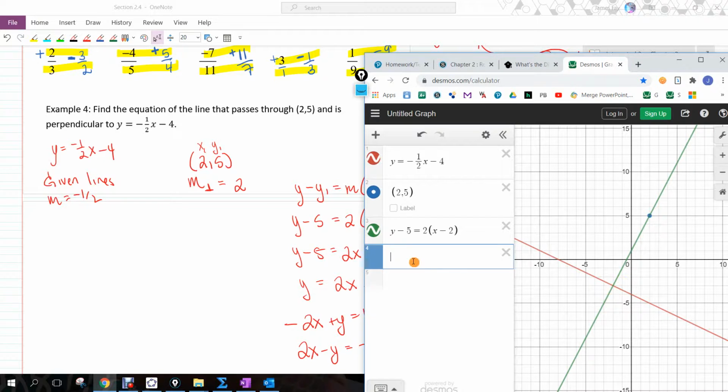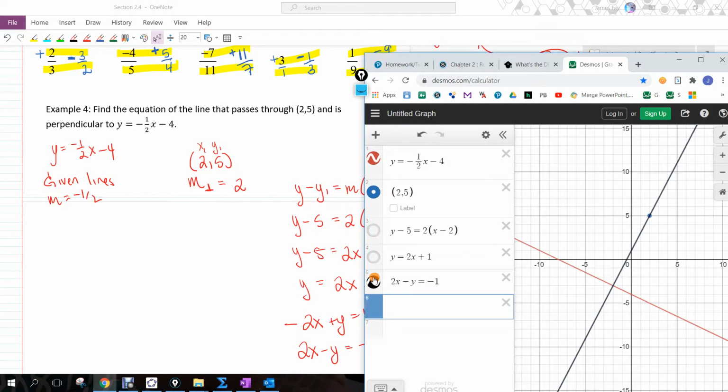I could also type in, like I said, y equals 2x plus 1. It gives me the same line. Or we could have gone positive 2x minus y equals negative 1. It gives you that black line.